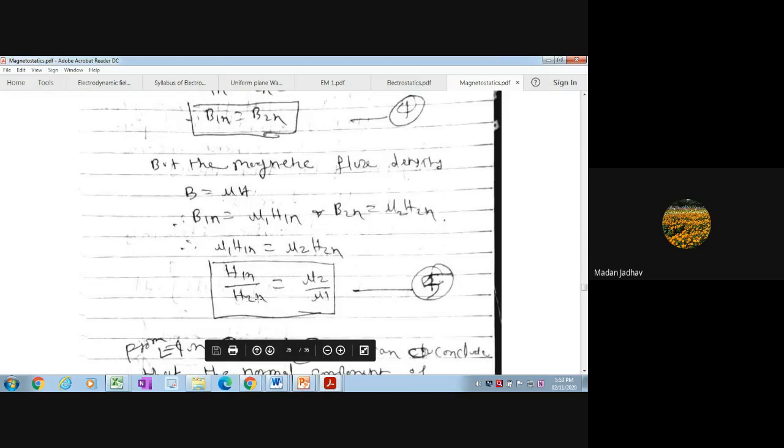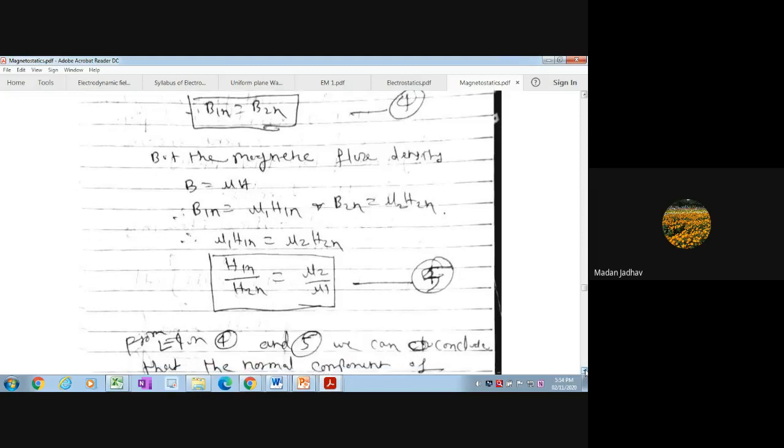If you want to obtain H2n, it is mu1 divided by mu2 times H1n. Therefore the magnetic field intensity component is discontinuous; its value is not the same, and it depends upon the permeability of the medium. This is the second equation related to the normal component. Now what about the tangential component?